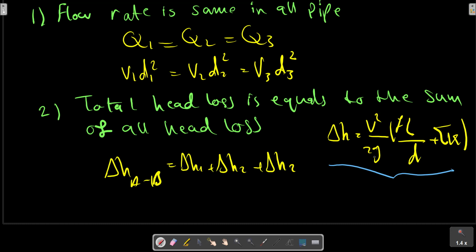That can be replaced for any pipe with its geometry and friction factor.